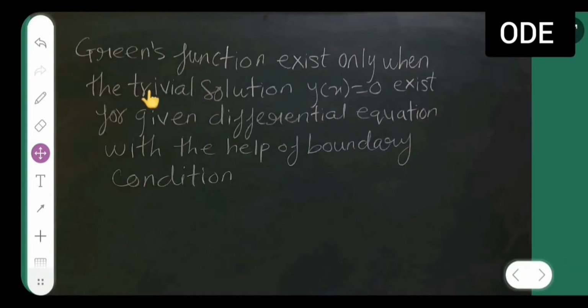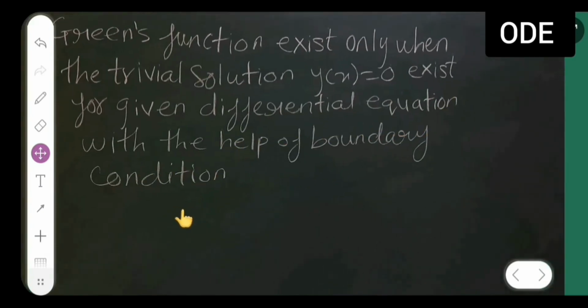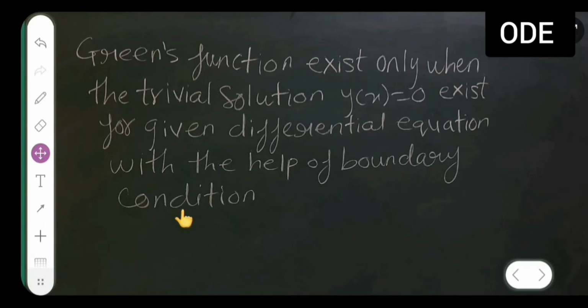Now Green's function exists only when the trivial solution y of x is equal to 0 exists for the given differential equation with the help of the boundary value conditions. With the help of the boundary conditions, we can find whether the Green's function exists or not.